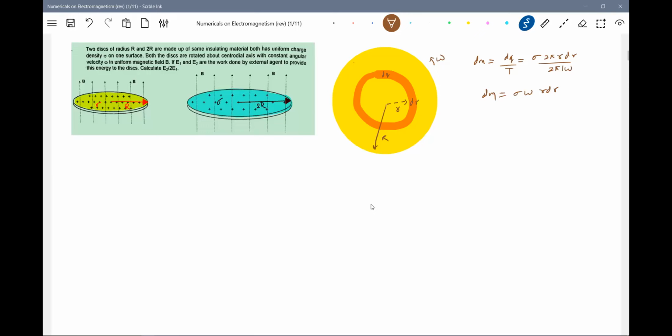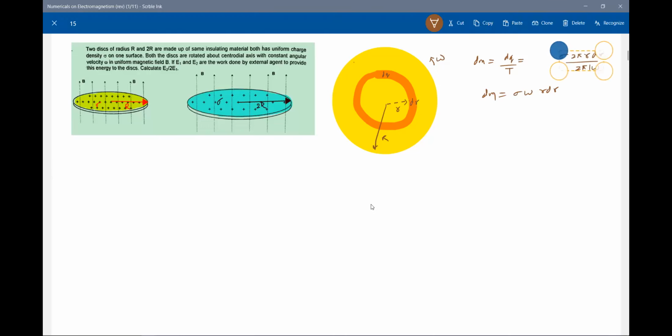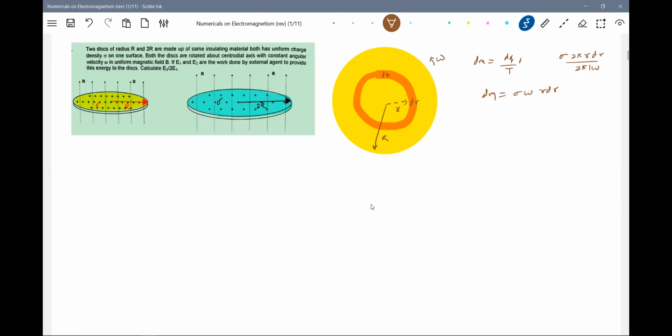Some more things are there: into pi r square. The current into what is the radius of this ring? Pi r square. So sigma omega pi r cube dr. This will be the dipole moment.